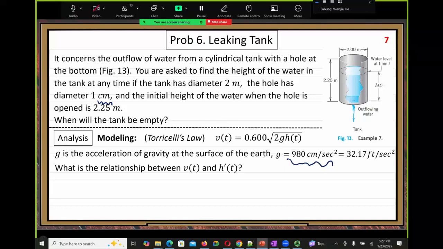There is a rate of change function, so we use its derivative, h prime of t, to represent the change of the height. So these 2 functions must be related.